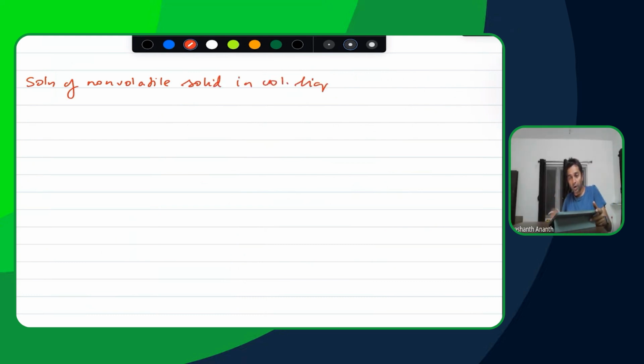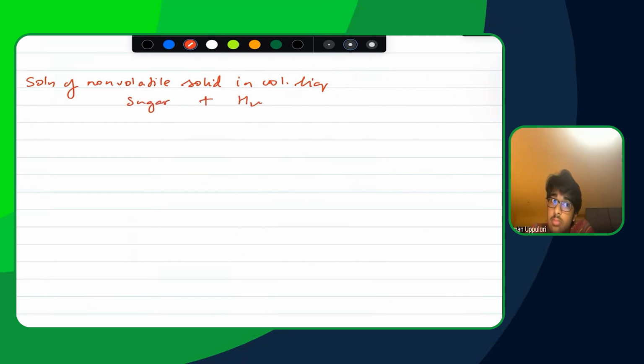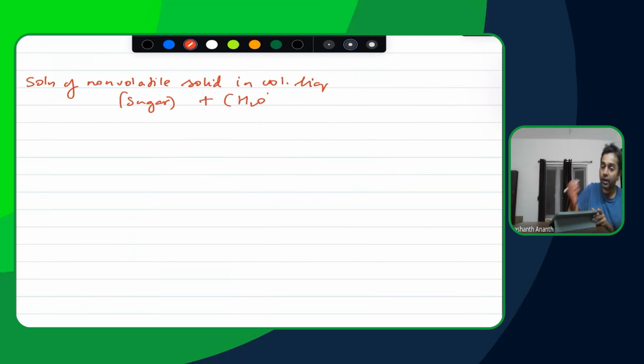So basically a non-volatile solid, let's say sugar, and water. It's a non-volatile solid with a liquid, water. So what happens in this particular case is very simply like this.